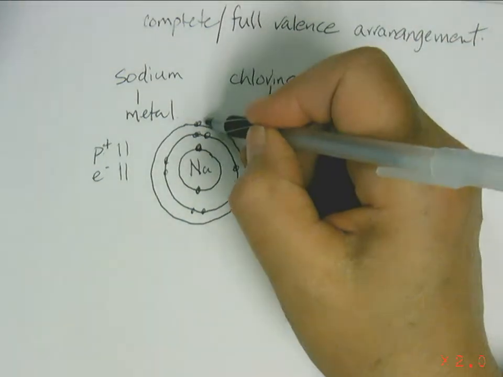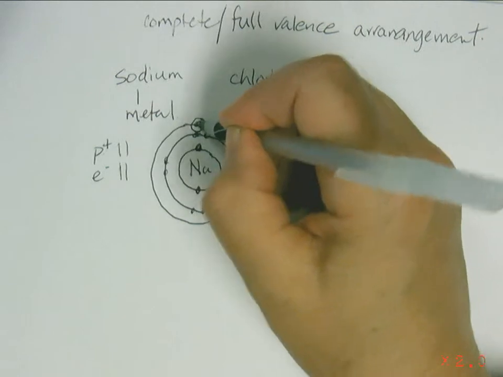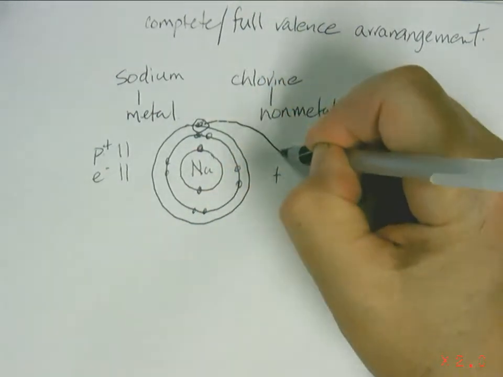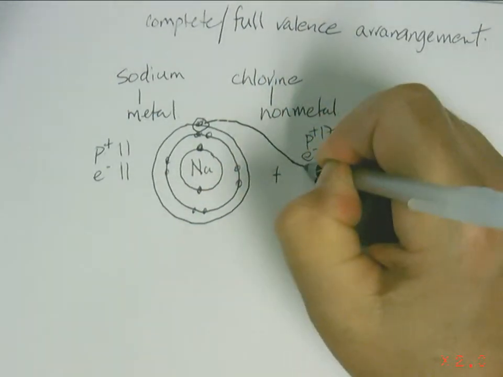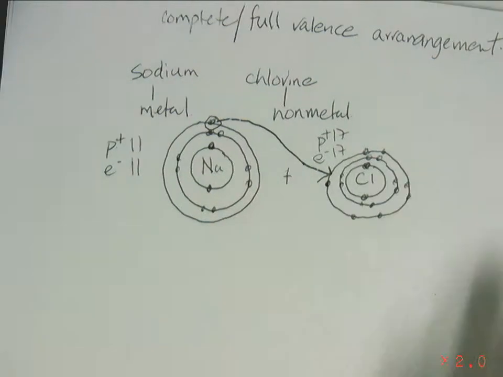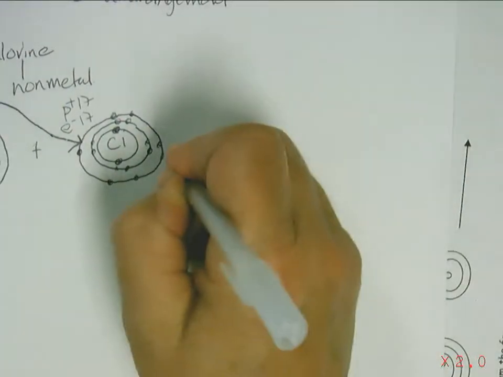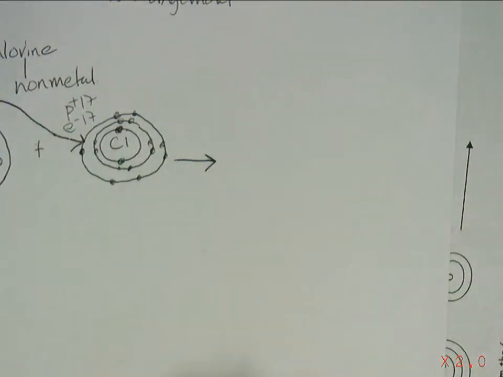So what's going to happen is the sodium's valence electron is going to be transferred to the chlorine, giving it a complete valence shell. So we're going to rewrite those showing the compound that's formed.